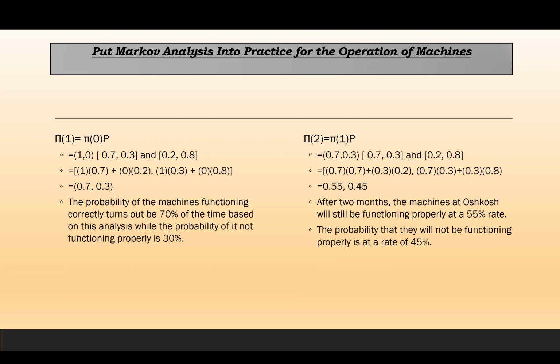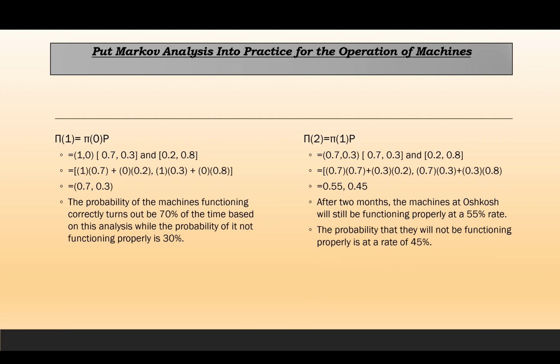Now, if we want to calculate the next month, month number 2, we're simply going to be multiplying what we got for the first month and incorporating it into the problem here. We're going to be multiplying the 70% by the 70% and adding it to the 30% times the 20%, and we're going to get 55 from that.